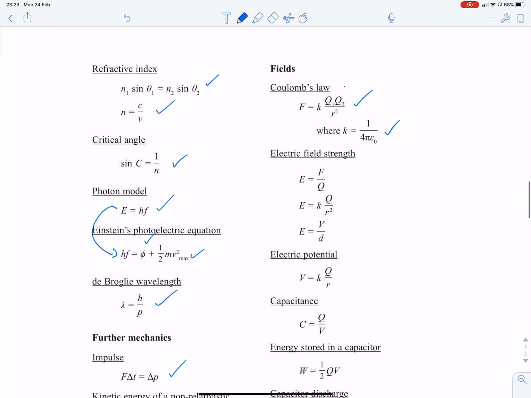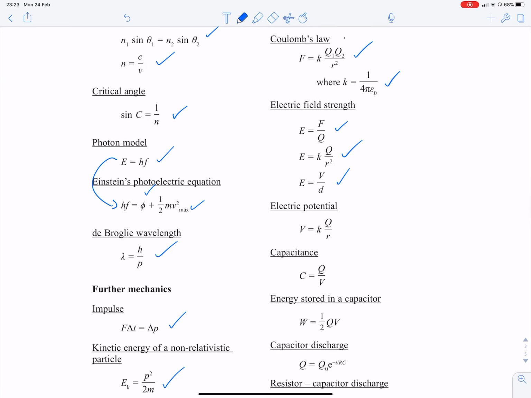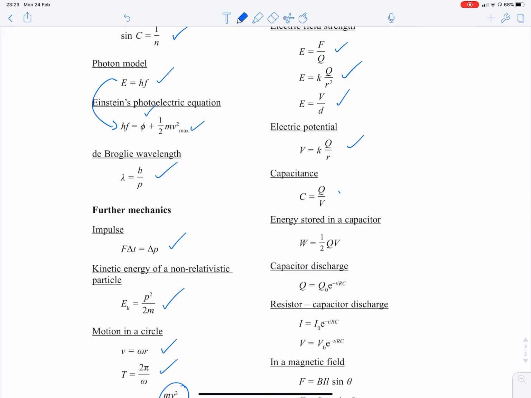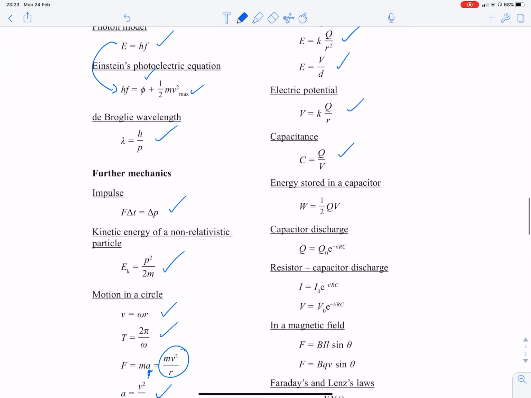Electric field strength is force over charge, F over Q. E is also equal to kQ over r squared, and E equals V over d. Electric potential: V equals kQ over r. Capacitance equals charge over voltage.